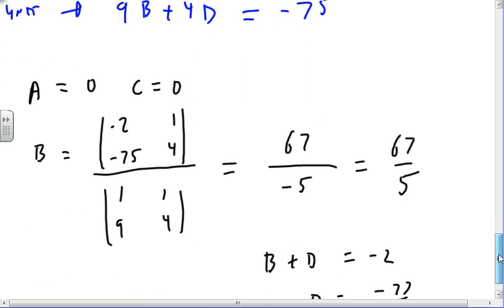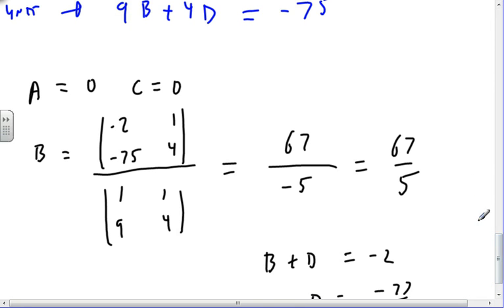See if I can see both of those at the same time. Alright, so if I have 9 times 67 over 5 and I add 4 times 77 over 5 with a minus sign, I don't get minus 2.